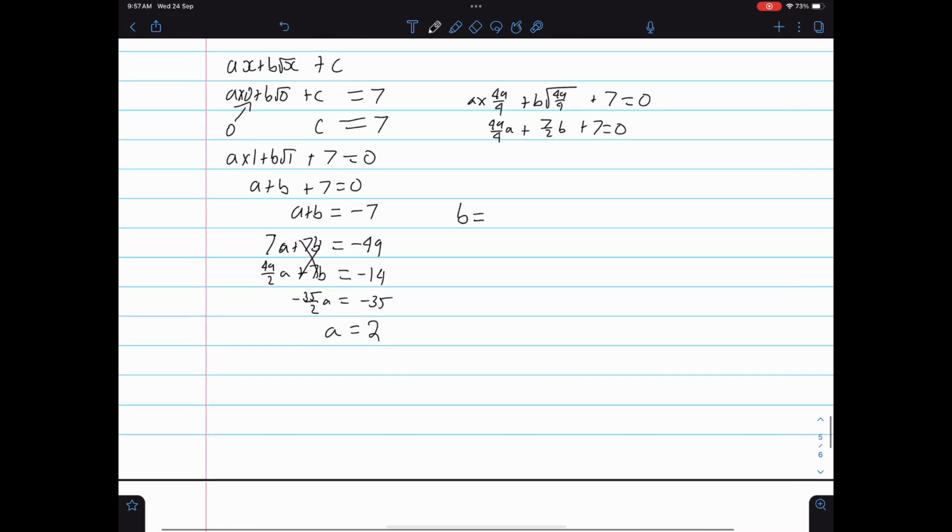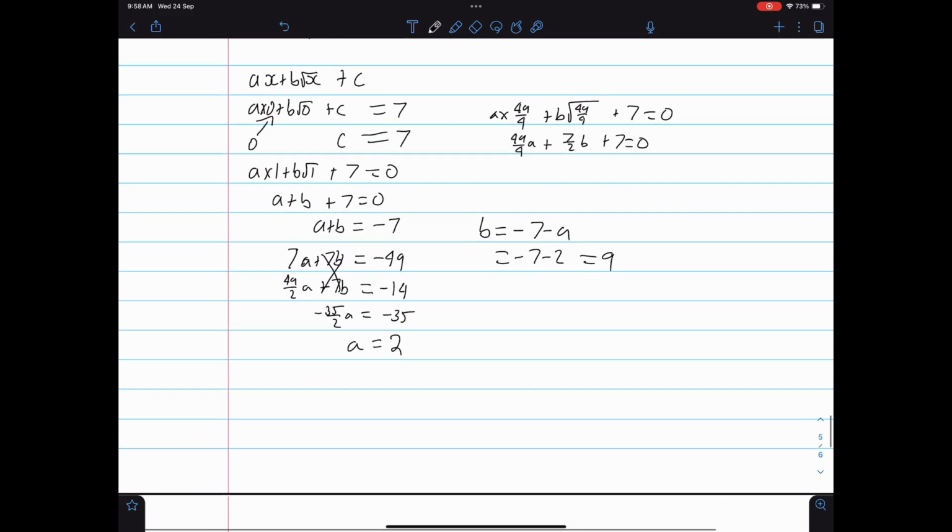And then b is just going to be minus 7 minus a. So minus 7 minus 2, which equals 9. So therefore we can say a equals 2, b equals 9, c equals 7. Oh, that's minus 9, sorry. Minus 9. And I think that's right.